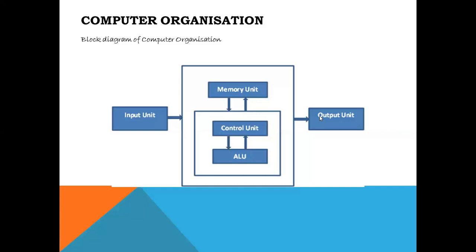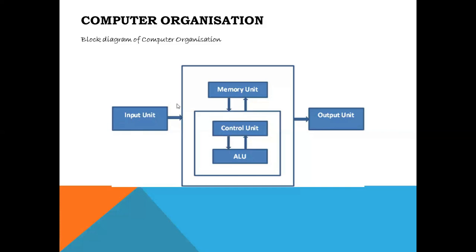Output is a meaningful information, that is result. We can see the result through monitor, also called visual display unit. Then printer, plotter, etc. That is the block diagram of a computer organization.